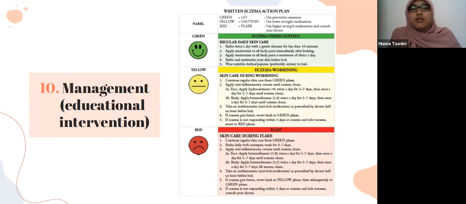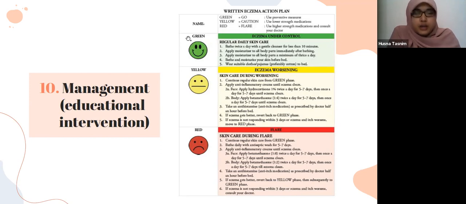This is non-pharmacological treatment, which is the educational intervention. So remember that the patient's understanding and even the caregiver's understanding is very important for the self-management of the eczema. So we have the written eczema action plan, WEAP. It is divided into 3 subgroups according to color code.